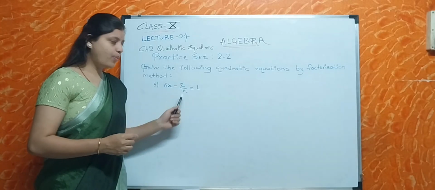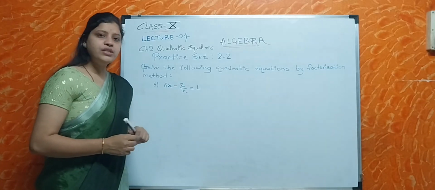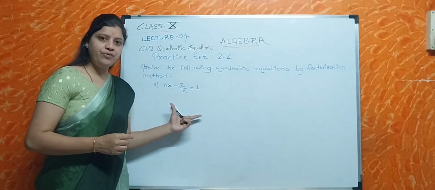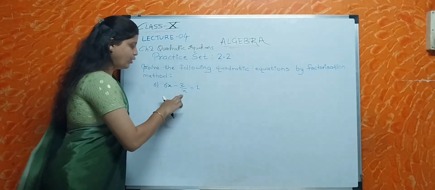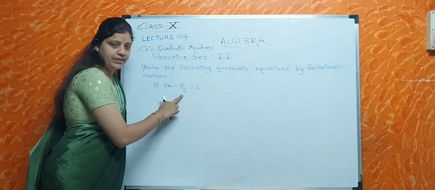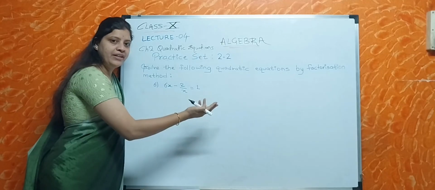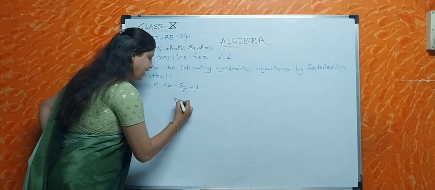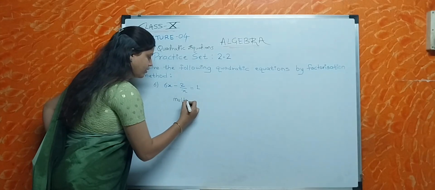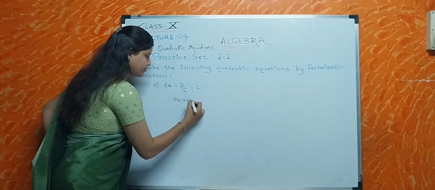6x minus 2 upon x is equal to 1. Now first of all we have to make it in general form. Here we don't want x in a denominator, so simply we can multiply the equation by x and cancel out this denominator.